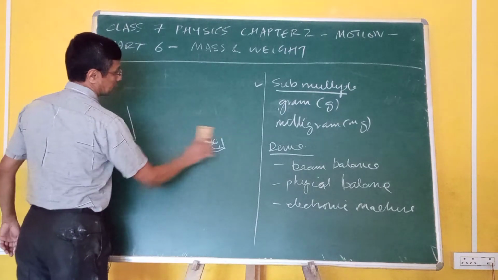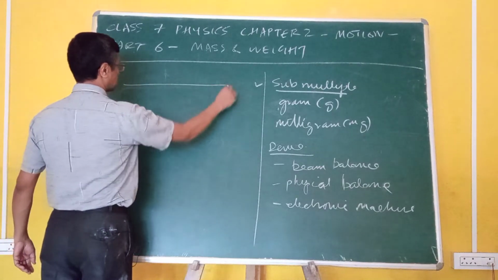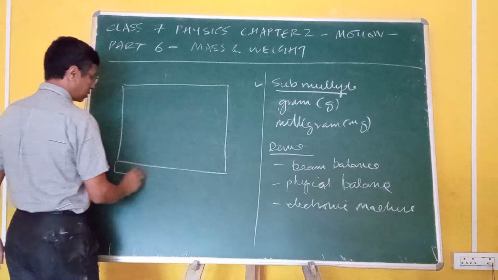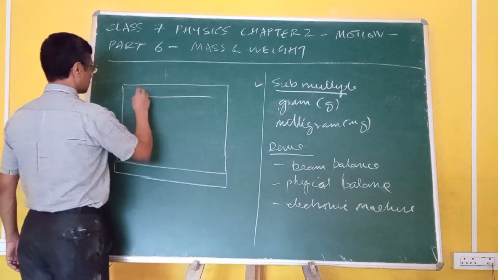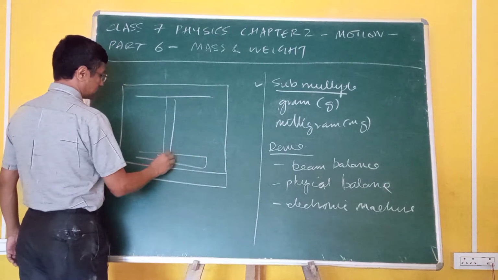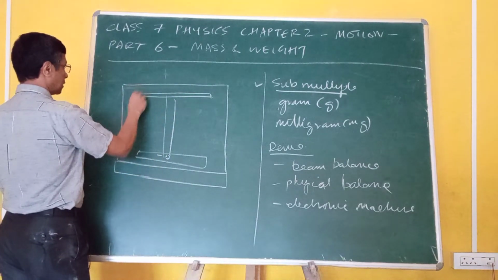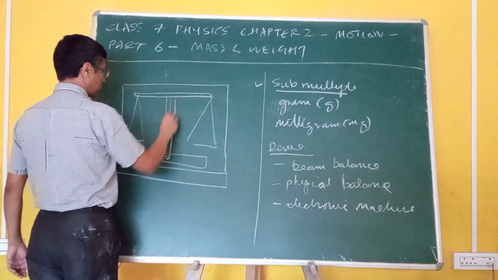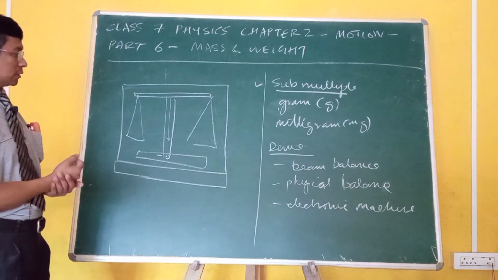The second one is a physical balance. A physical balance is normally kept in a glass box and is normally used in a laboratory. The reason it is placed in a glass box is that it is a very high precision instrument. It has a similar structure to a beam balance: it has a pan, a beam and a pointer, and it can be used to measure very minute quantities of mass.